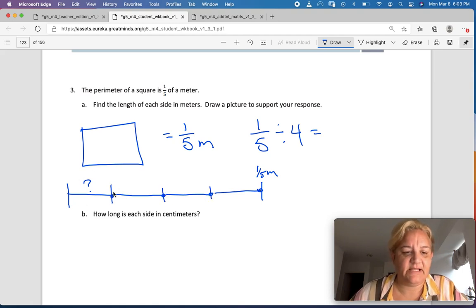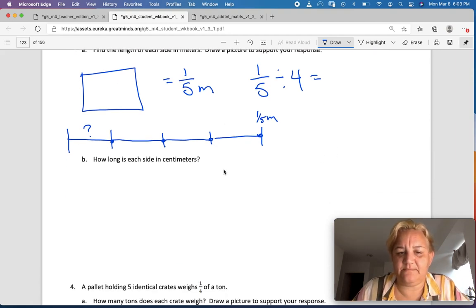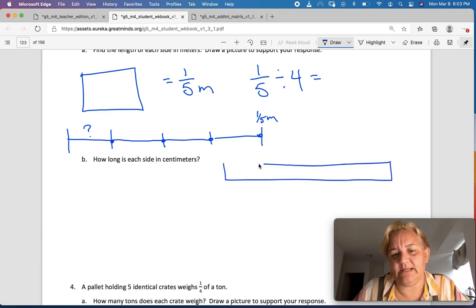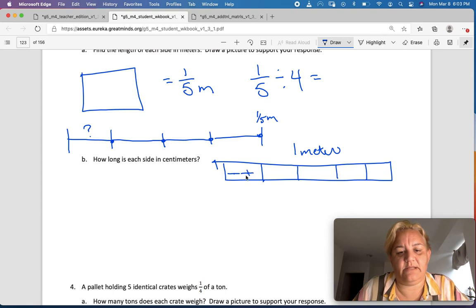All right, so I've just unfolded my square, and I know that 1 meter would look like this, 1 meter, and the square is only going to fit into 1/5 of that meter. So the square only fits here, right? It only fits right there. That's my shrunken down version of this line in here, okay? So this is 1/5 of a meter.